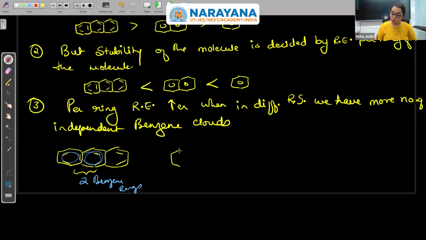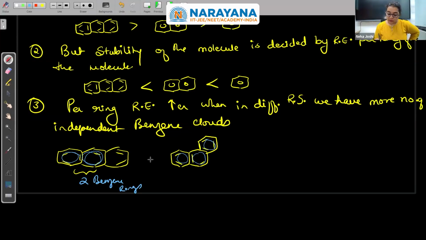If I go to phenanthrene, this is my phenanthrene. See, I am having all three as independent benzene. Such a resonance structure is possible.